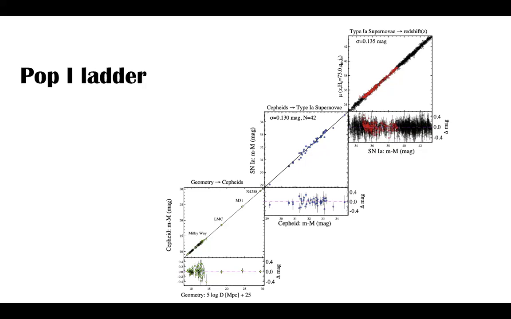But we need a confirmation from a totally alternate way of getting distances, and that's what we're going to talk about here. What we're going to talk about is the population 2 ladder, where the geometry calibrates TRGB instead of Cepheids, but the TRGB then calibrates surface brightness fluctuations instead of supernovae.